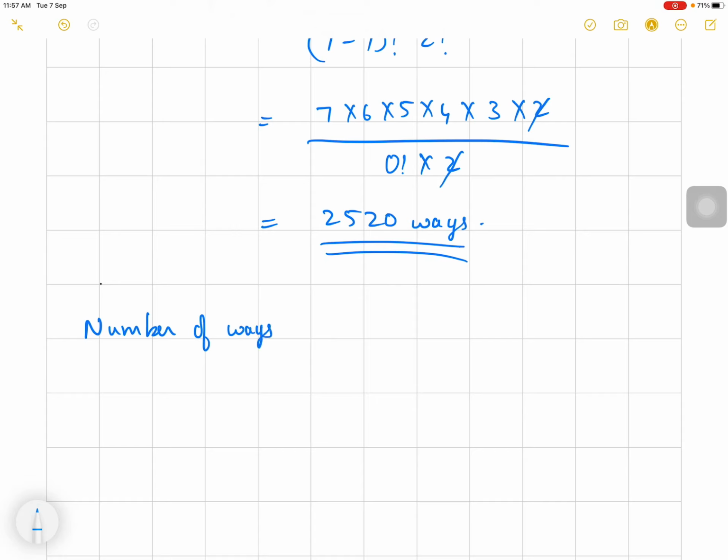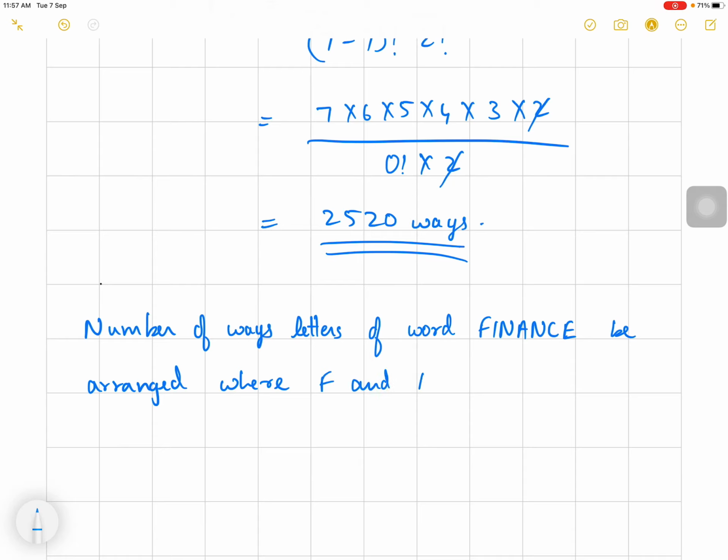Number of ways the letters of the word FINANCE can be arranged where F and A always come together.